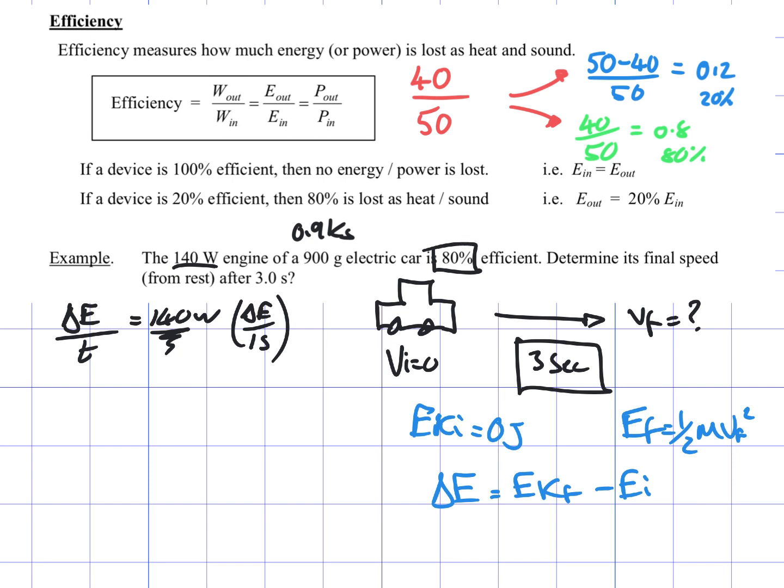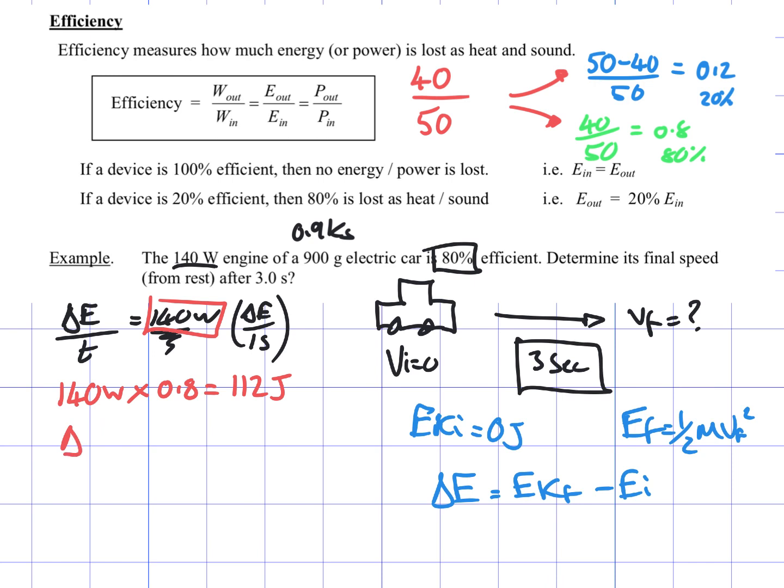Now, one slight difference is that this engine, although it's rated at 140 watts, it's functioning at 80% efficiency. So we need to say that it's actually 140 watts times 0.8. And that's going to give us 112 joules.